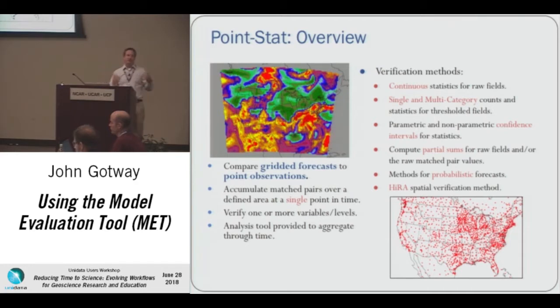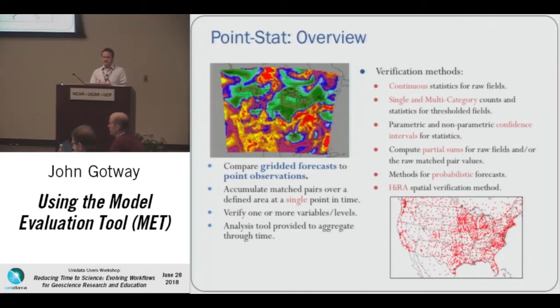So if you have a forecast that was initialized today at 0Z and you produce a 12-hour forecast, then for the 12-hour forecast, you run point stat and compute the stats for that time. For the 18-hour forecast, you run it again and compute stats for that time. Each time you run it, you can verify one or more variables and levels. And I mentioned earlier that the stat analysis tool is provided to enable you to accumulate statistics across multiple cases.